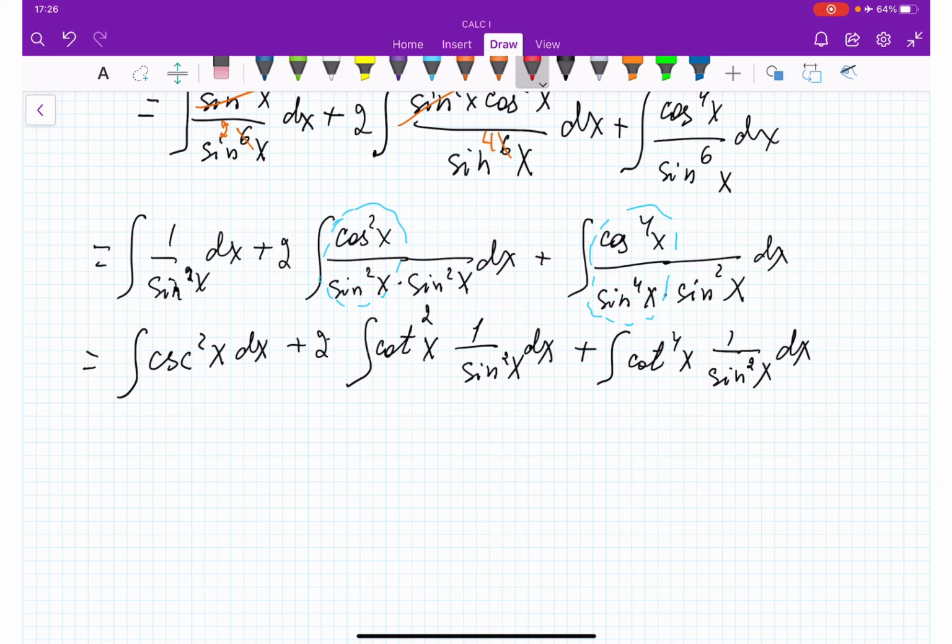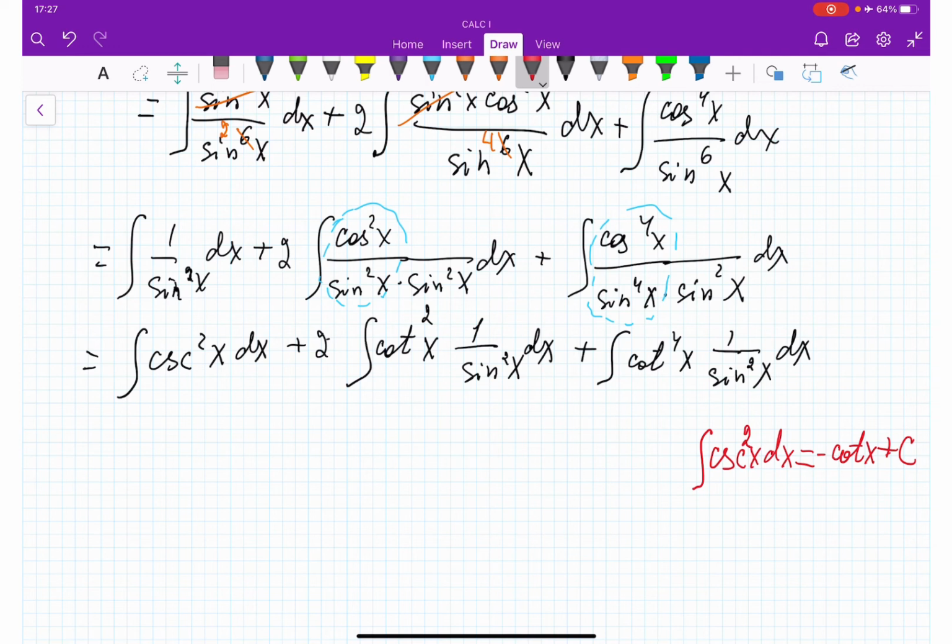Next, we know, based on the integration formula, that the integral of cosecant squared x dx is equal to negative cotangent x plus c. Because the integral of only cosecant is a different story.